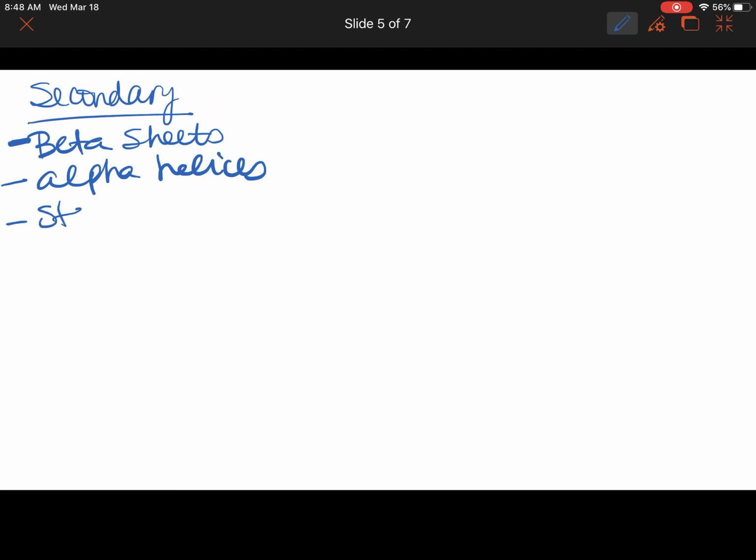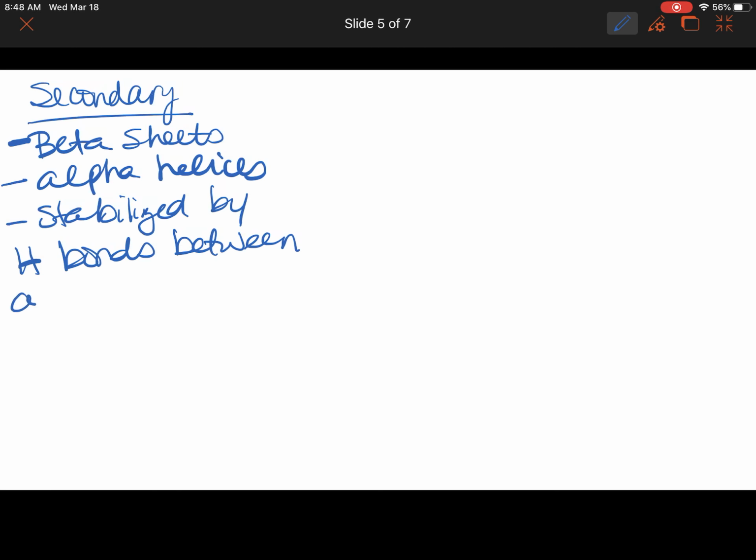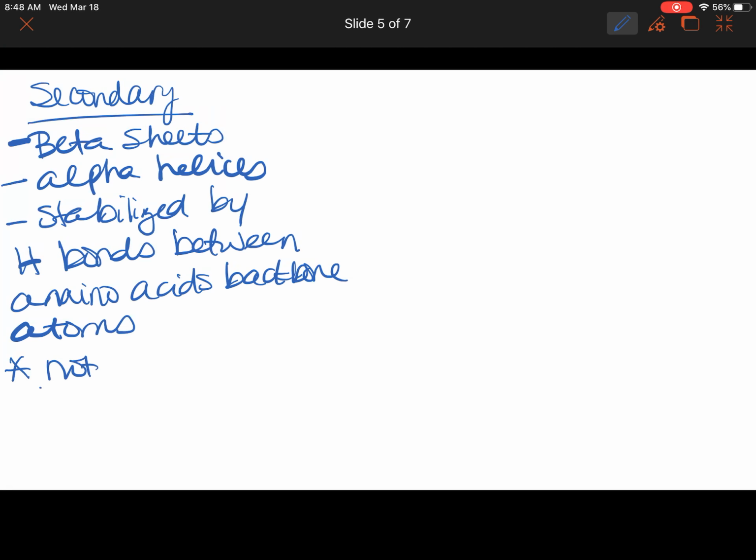And these are stabilized by hydrogen bonds between the amino acid backbone atoms. Okay, so for secondary structure, we are not talking about the R groups.